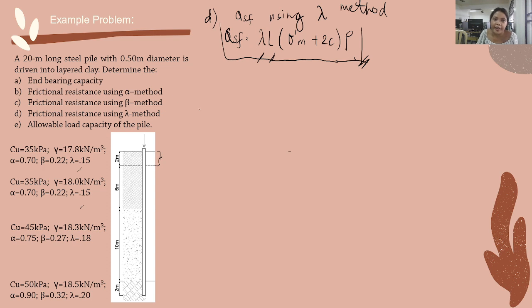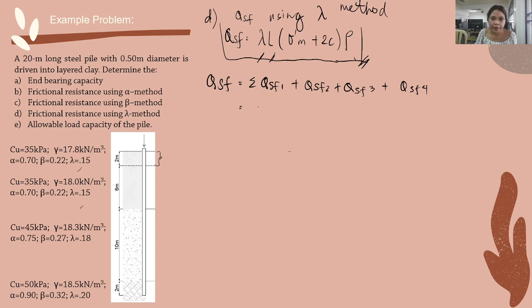E di, diretso na natin. QSF is simply the summation of QSF1 plus QSF2 plus QSF3 plus QSF4. Ngayon, kunin natin isa-isa yung mga values.